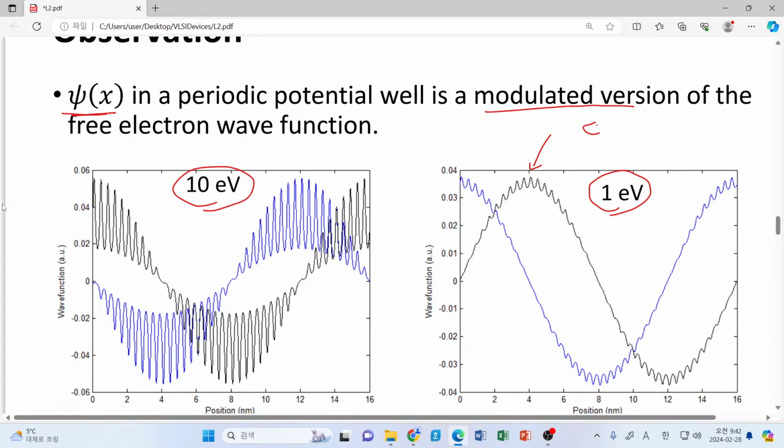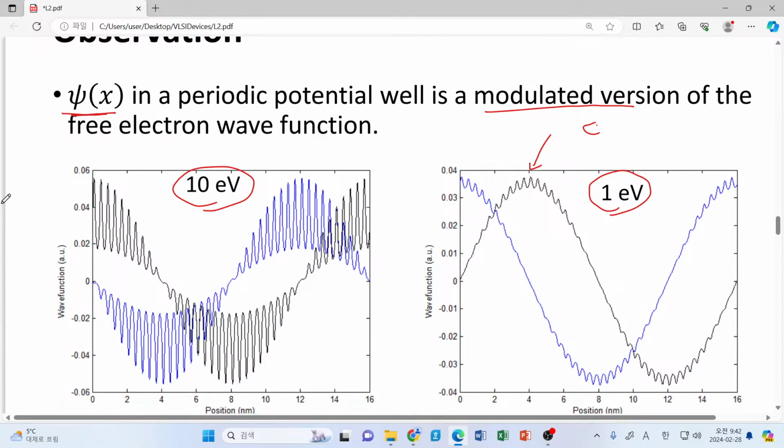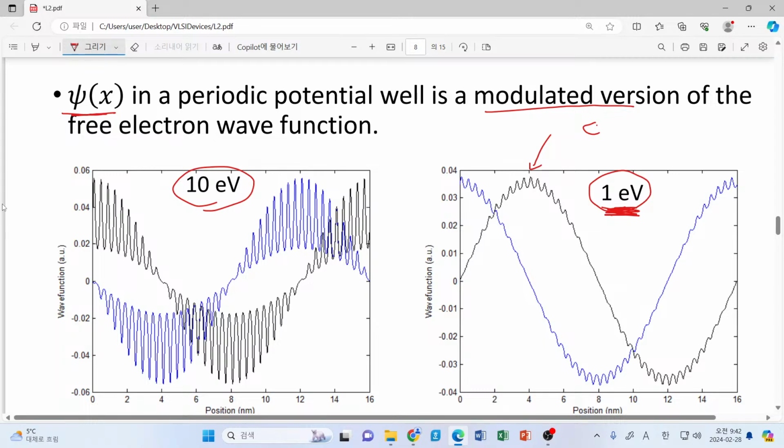You can easily understand, although it is affected by the periodic potential well, its impact is much reduced. Why? Because our potential well is not as strong as in the other figure. So now let's assume that instead of 1 electron volt, let's go to 0.1 electron volt or 1 milli electron volt.